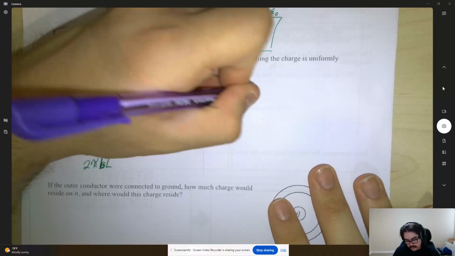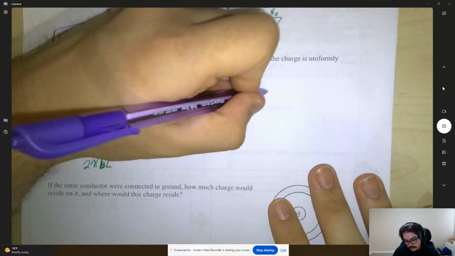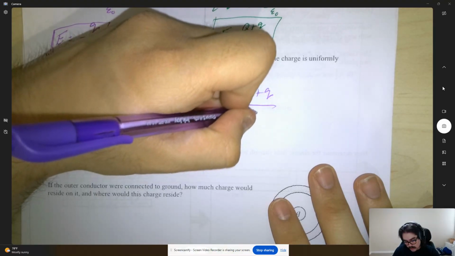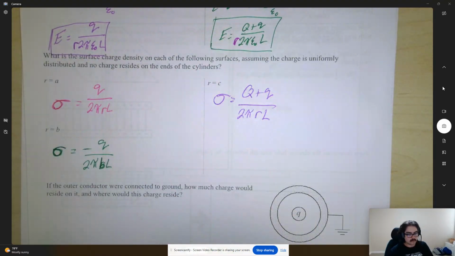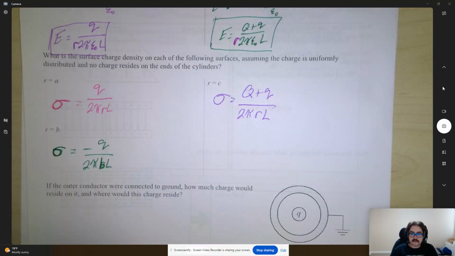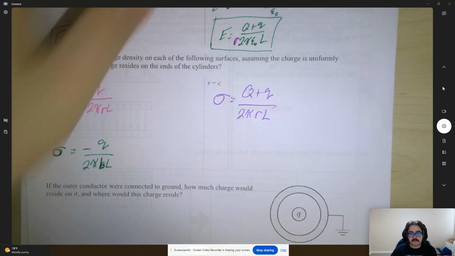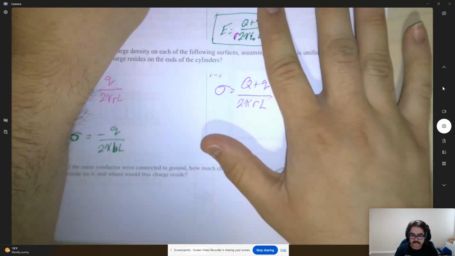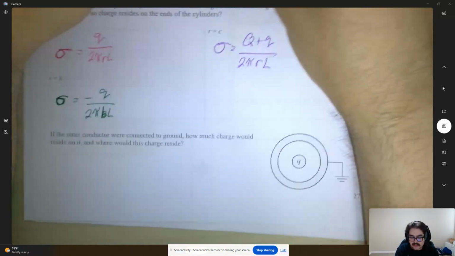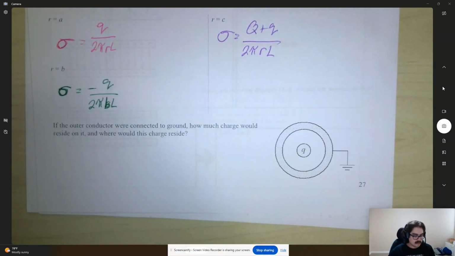So sigma is equal to big Q plus little q over 2 pi RL, or CL. You could use C or r; it doesn't really matter. I could have used A right here if I wanted to. This does connect with the nested conductor stuff that we'll talk about a little later.